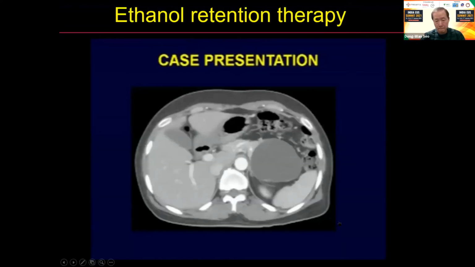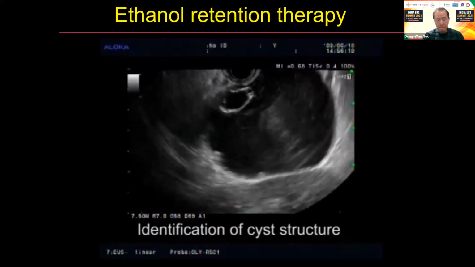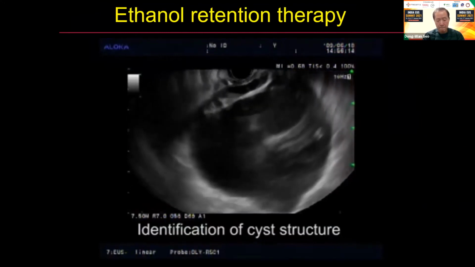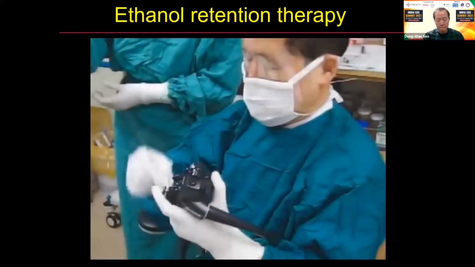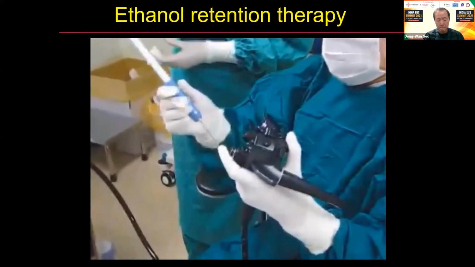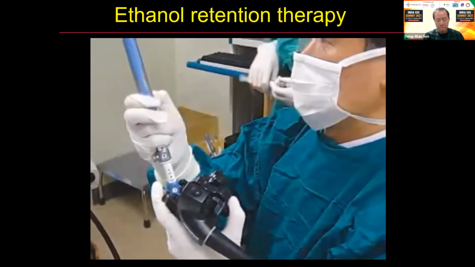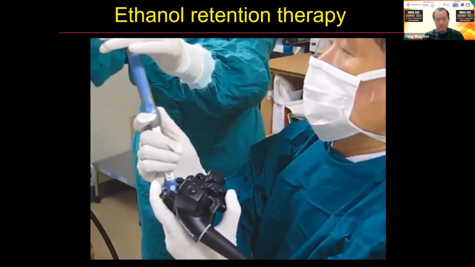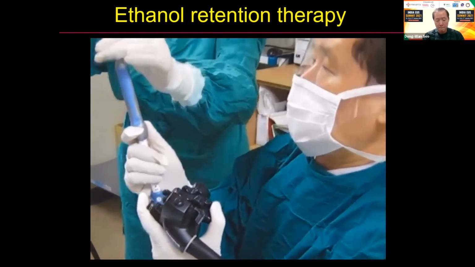This is a large cystic tumor in the tail of the pancreas. On EUS, we can see some septations, and the cyst wall is relatively thick. I used a 22 gauge needle to aspirate the cystic fluid. This is the EUS view.